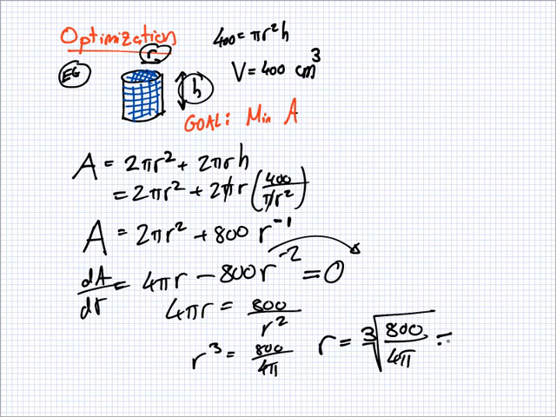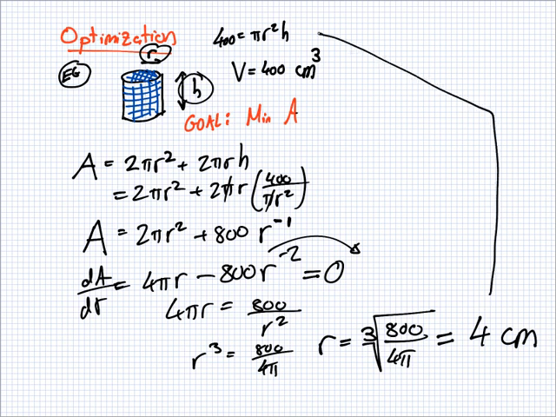Which is, what is it? 3.99. Sorry, 3.99 it looks like. So I'll round that off to 4 centimeters. Now if I put that back into this formula, I can get the h, 400 over 4 squared.